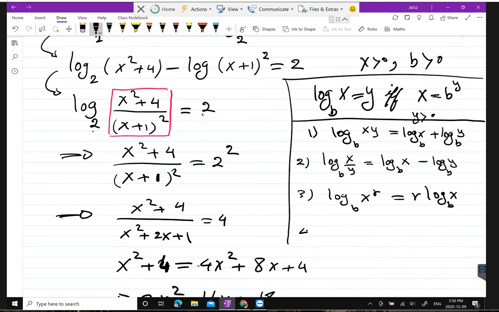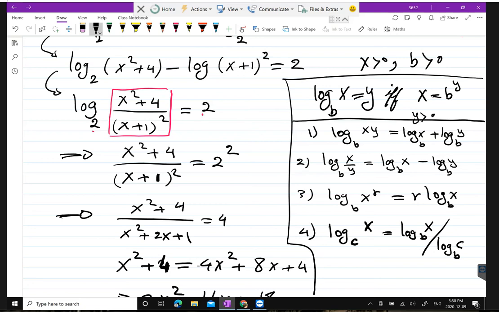And number 4 is change of base, and it says that the logarithm of x base c is the same as the logarithm of x base b divided by the logarithm of c base b.